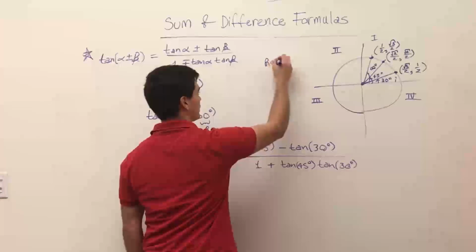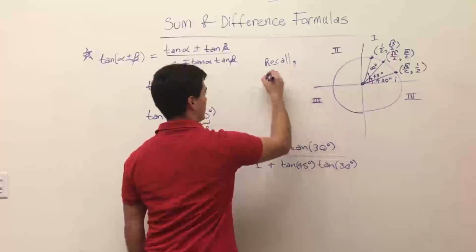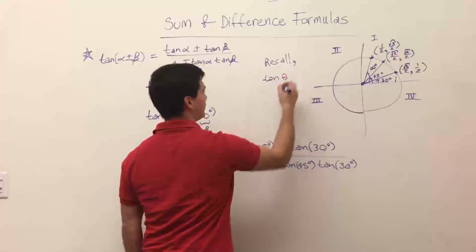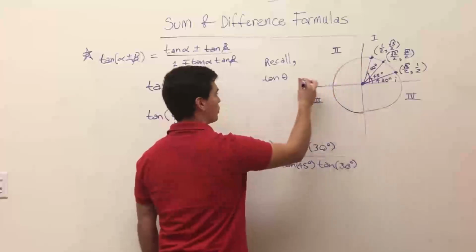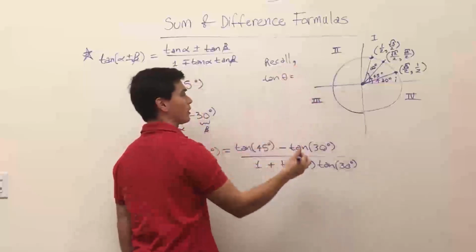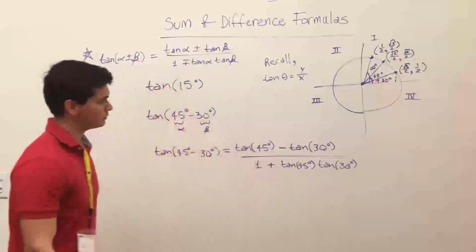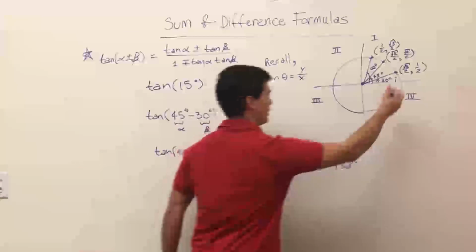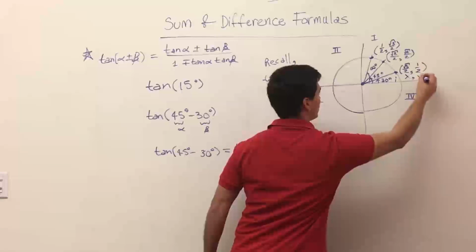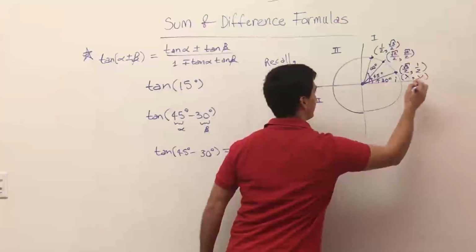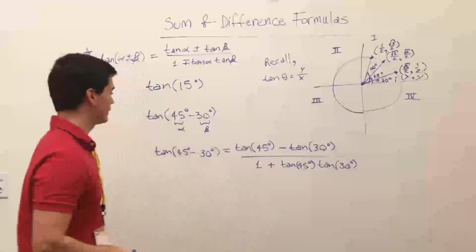Recall that the tangent function of an angle, theta, measured from above the horizontal counterclockwise, is the y value over the x value, and these are the x, y values of any point along this unit circle.